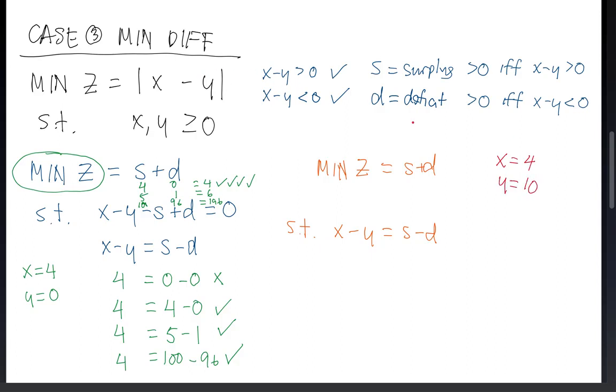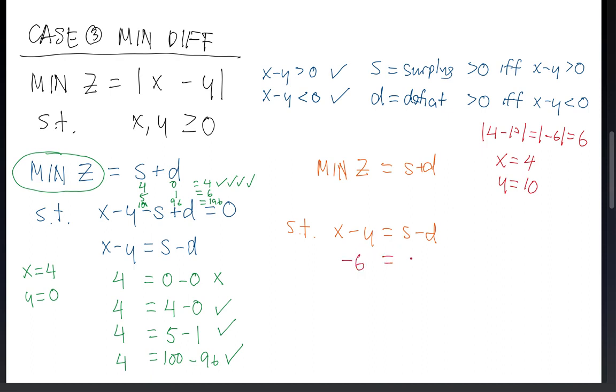So if this is an absolute value, what do we expect it to be? That would be the absolute value of 4 minus 10, equals the absolute value of negative 6, equals 6, right? Okay. So 4 minus 10 is negative 6. X minus y will always be negative 6.